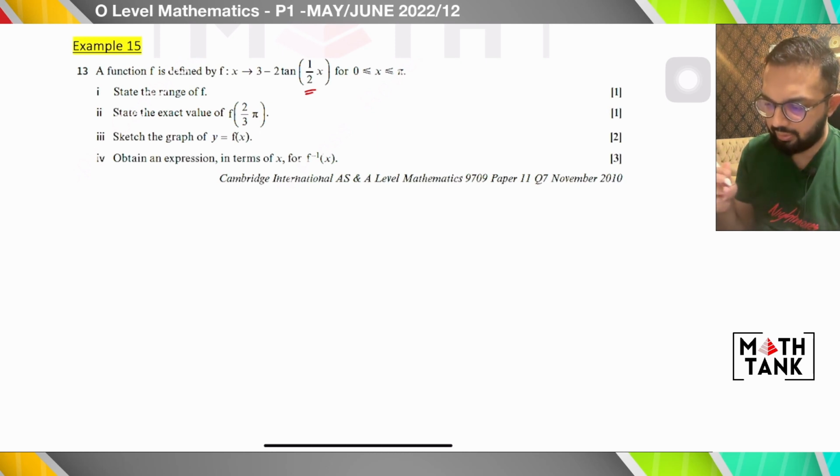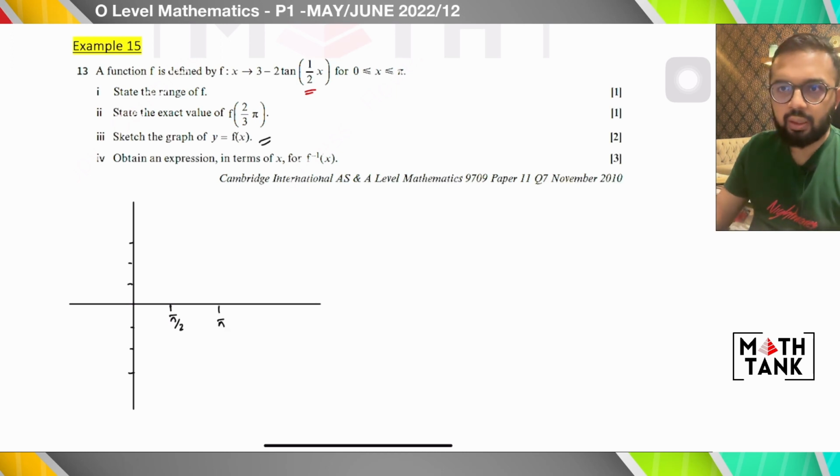So I'm going to try to draw the graph of this function. Now what I must understand is that there are pi over 2 and pi. I know for a fact that tan pi over 4 gives me 1.